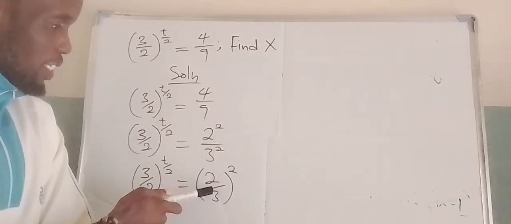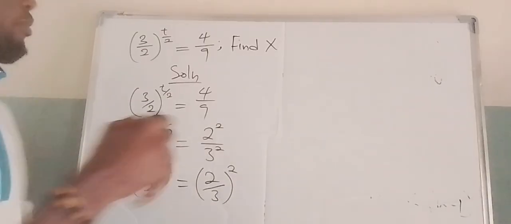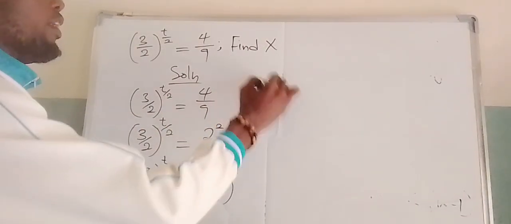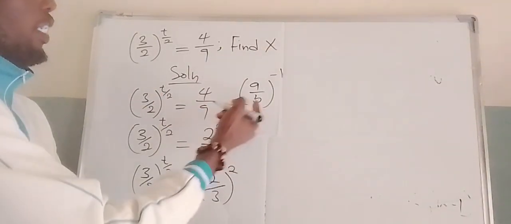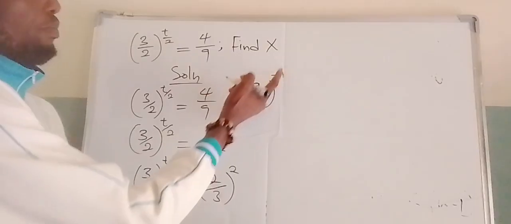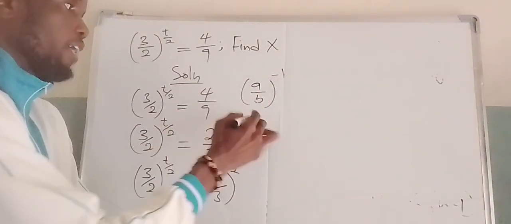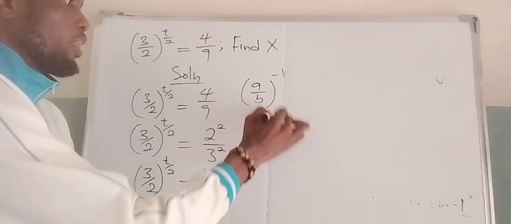You have to make the bases the same. Remember, when you have (a/b) raised to a negative power, you just flip the fraction, turning it upside down, so the b comes up and the a comes down, and then you have a positive power.